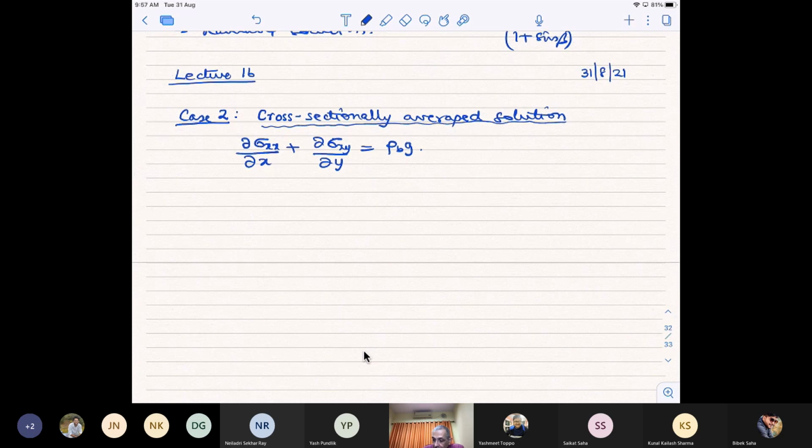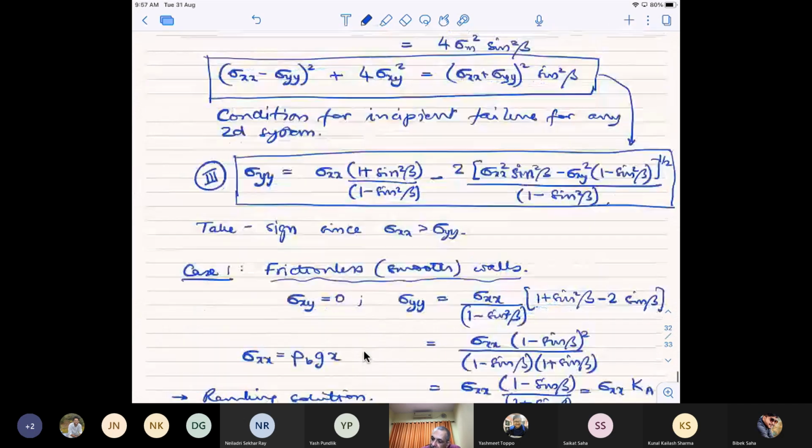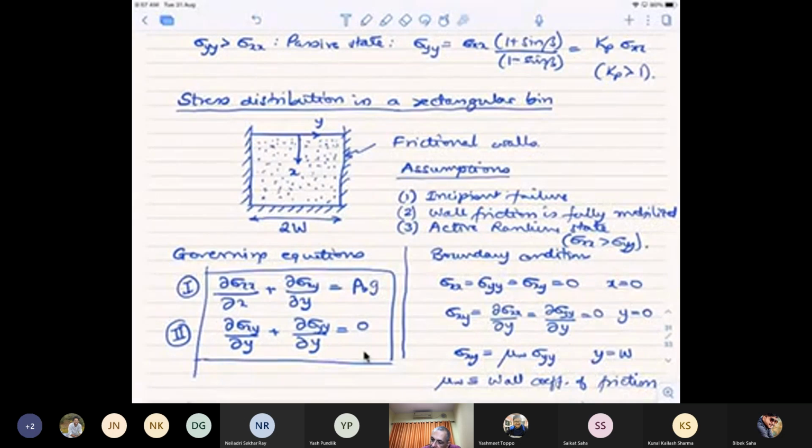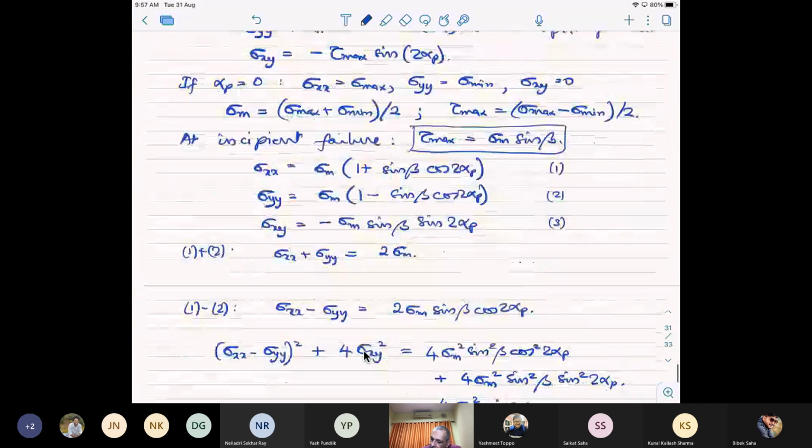Now what we'll do is we'll integrate with respect to y. Remember, in this one, the coordinate system is defined in this way, that y is in this direction and x is pointing downward in the direction of gravity. So this is our gravity.